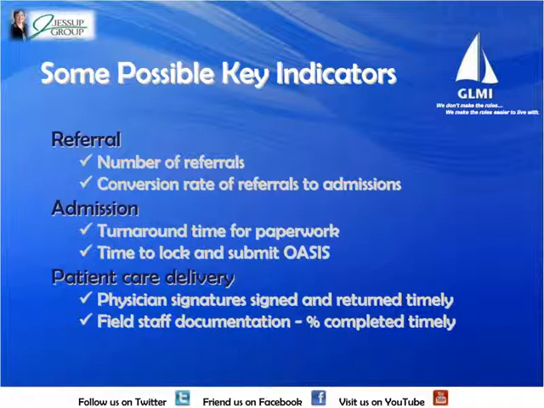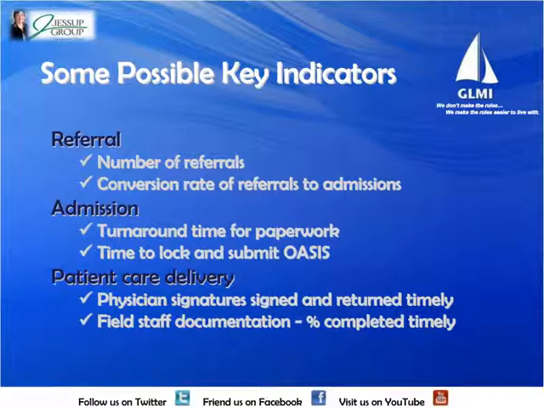Under admissions, turnaround time for paperwork, how long it takes the nurses to turn in their paperwork, and how much time it takes to lock and submit the OASIS. Under patient care delivery, look at your physician signatures, how many are signed and returned timely, or what percentage, or what your average time is that it takes to get a physician signature signed.